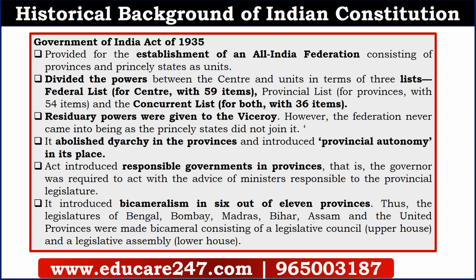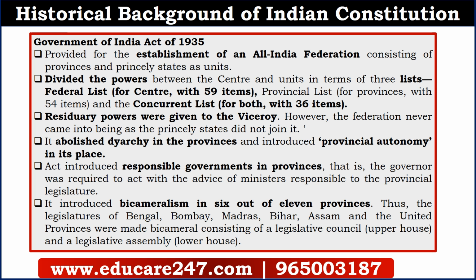Let us understand the Government of India Act 1935. This act is very important because many provisions of this act have been directly included in the Indian Constitution. This act provided the establishment of All India Federation consisting of provinces and princely states as units. It divided the power between center and provinces and it proposes 3 lists.